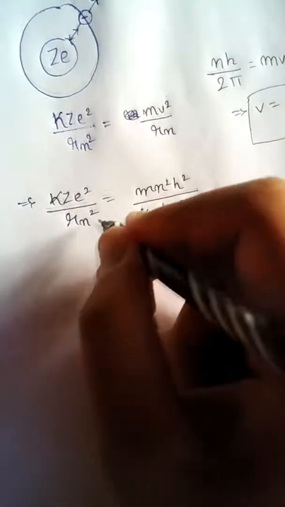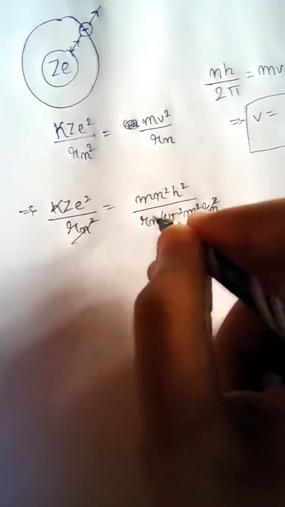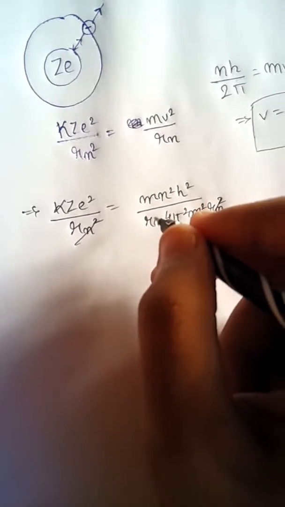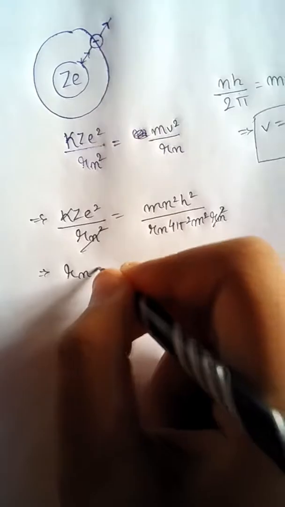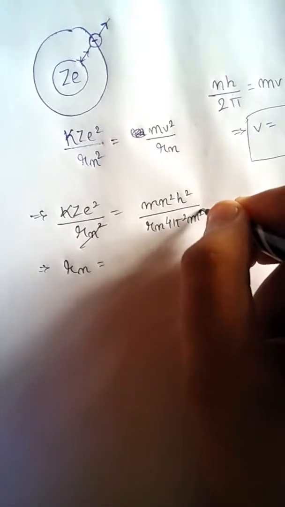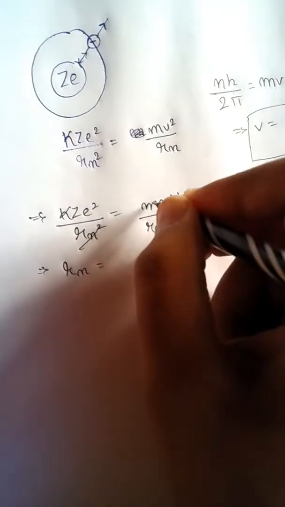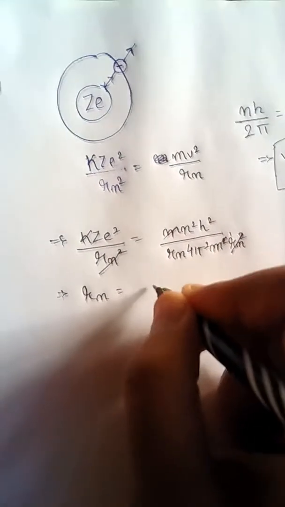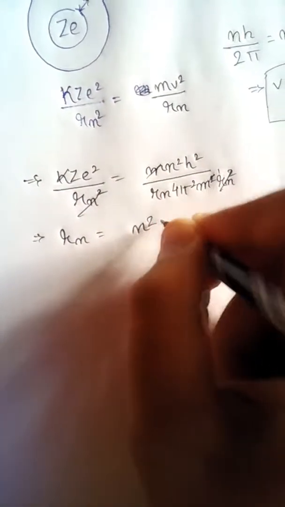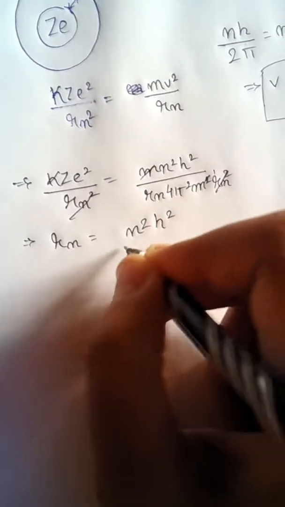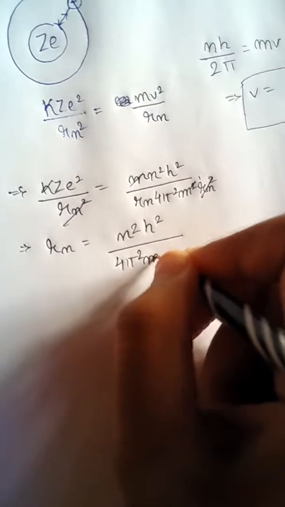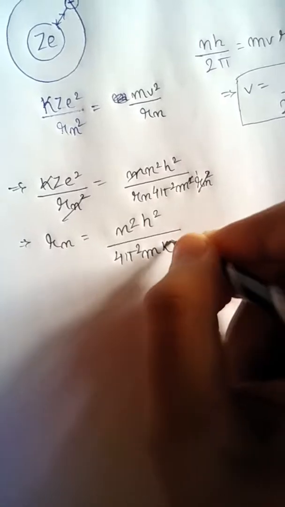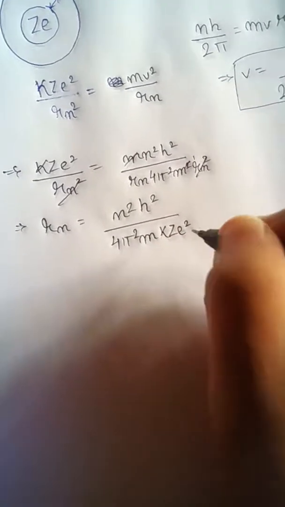Now rn square and rn square get cancelled. Now we get this rn from the denominator to the numerator through cross multiplication. So we get rn, and here m's power becomes 1 and rn's power becomes 0. So we get the formula as rn equals n square h square by 4 pi square m k Ze square.